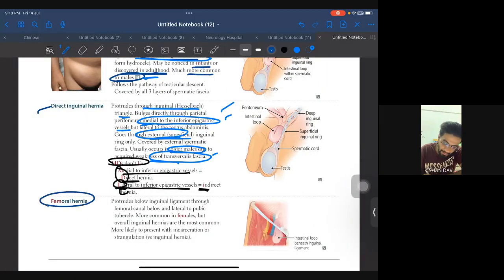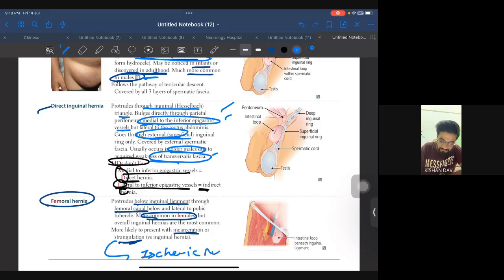In femoral hernia, it protrudes below the inguinal ligament through the femoral canal. Much more common in females, and it can present with incarceration and strangulation. Strangulation means that instead of strangulation, they will give you ischemic necrosis of intestinal segment. And incarceration means it can't be reduced back.